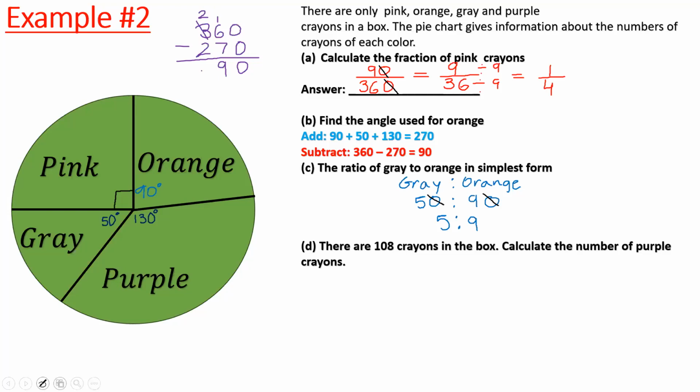We have to do 130 over 360, because we have to find the fraction of purple, multiplied by 108 over 1. Because 108 is the number of crayons that we have.